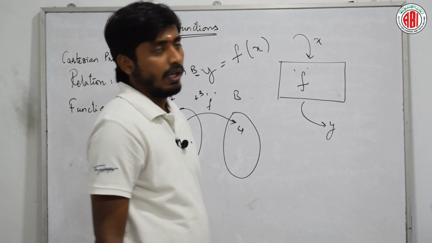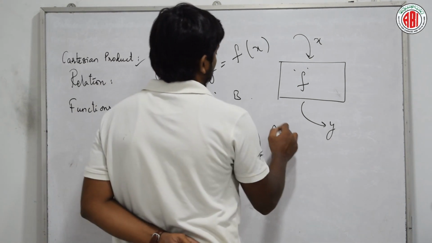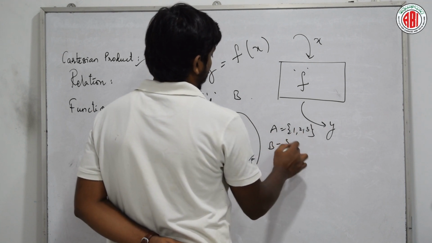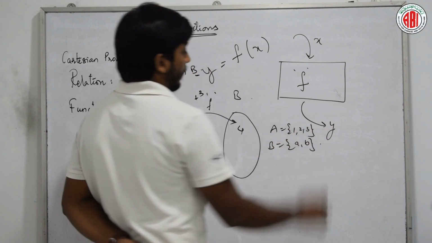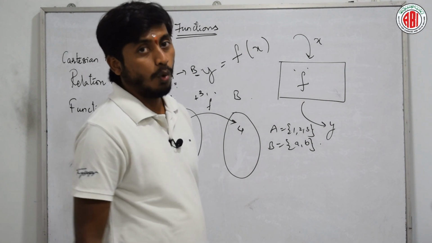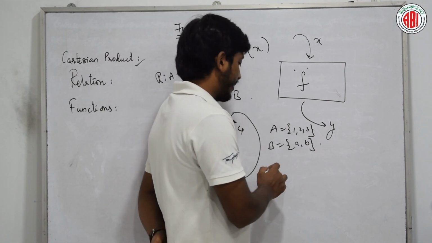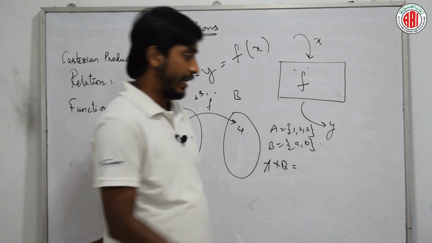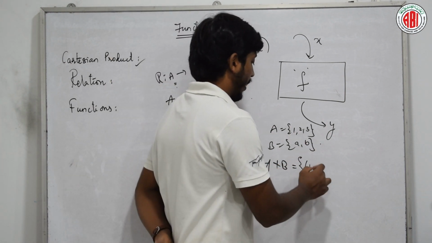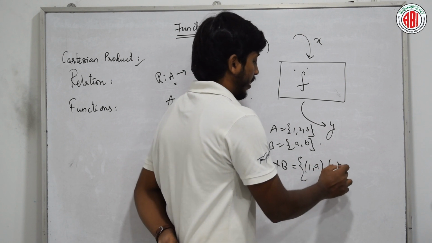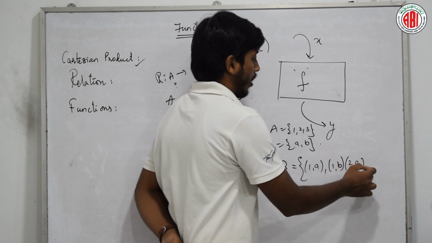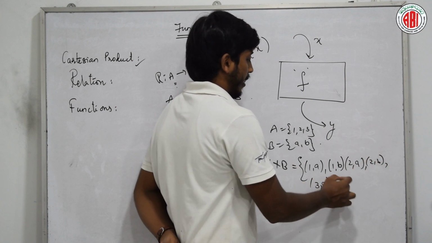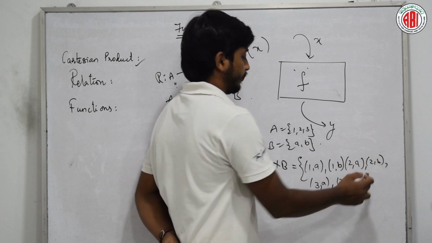You people know. If I say A is equal to {1, 2, 3} and B is equal to {a, b}, then if I want to combine both, I will get the Cartesian product, given by A cross B. That is given by 1a, 1b, 2a, 2b and the next 3a and 3b.